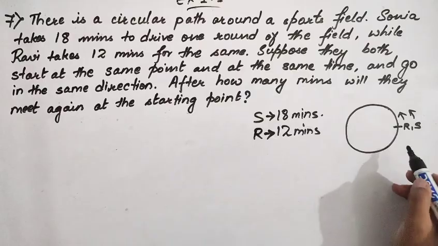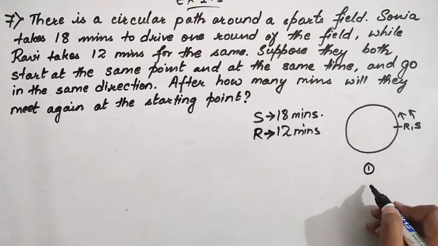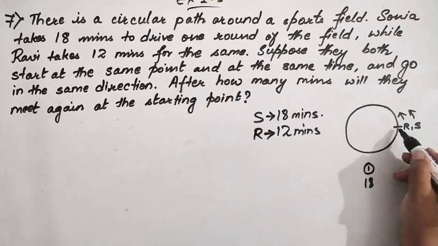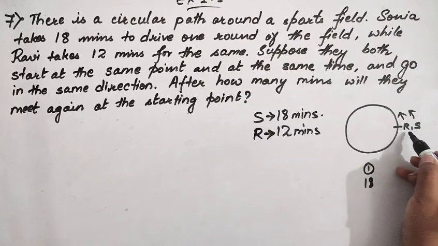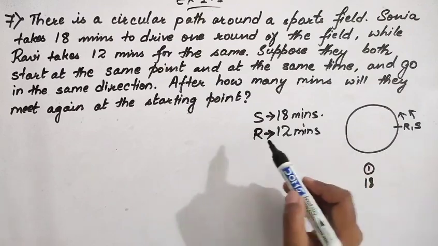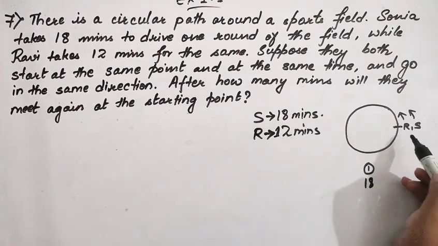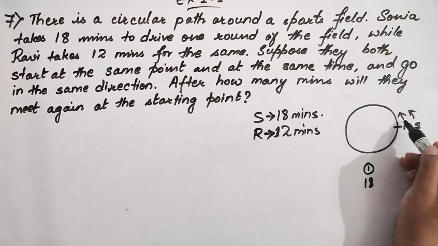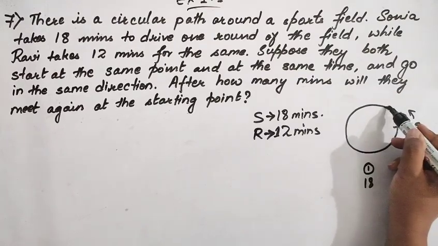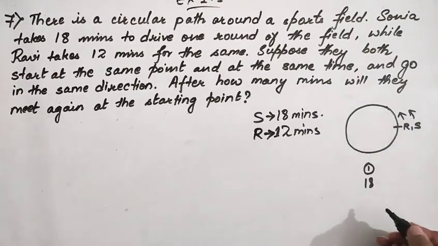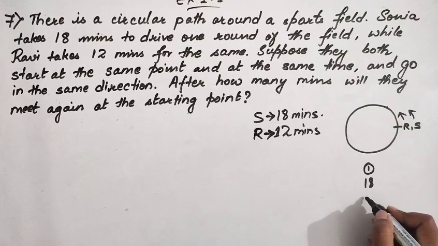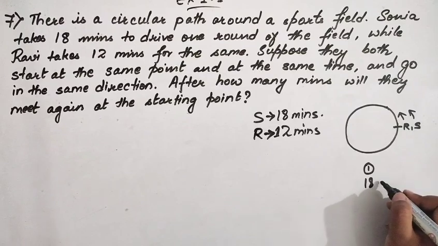starting point. So Sonia, in the first round, after 18 minutes, Sonia will reach here, but Ravi, who has a speed greater than Sonia, because he completes one revolution in 12 minutes, so Ravi will already cross this starting point and maybe reach somewhere over here. That means Ravi has completed in 18 minutes.